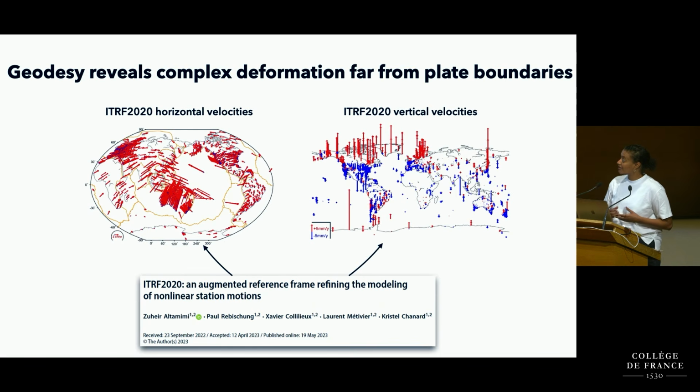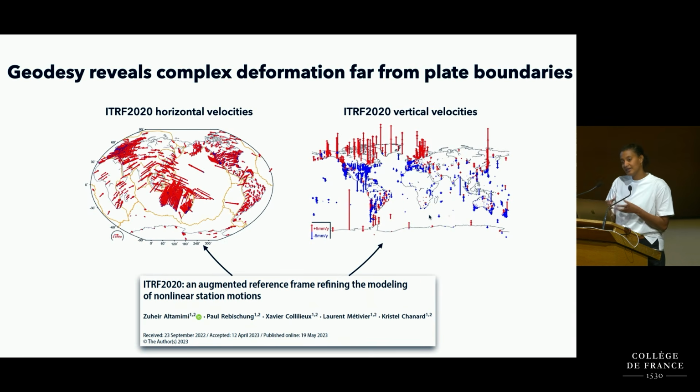And those observations have shown us that, in fact, even in intraplate regions, the solid Earth, the plates deform, and they deform in a complex way. You can see here the horizontal velocities and the vertical velocities obtained for making the reference frame, which is the international reference frame, the ITRF 2021, which provides a stable foundation for all precise geodetic measurements and enables the quantification of Earth's deformation and plate motion.